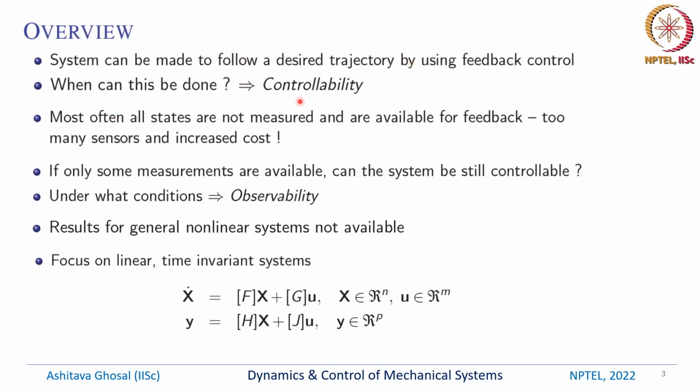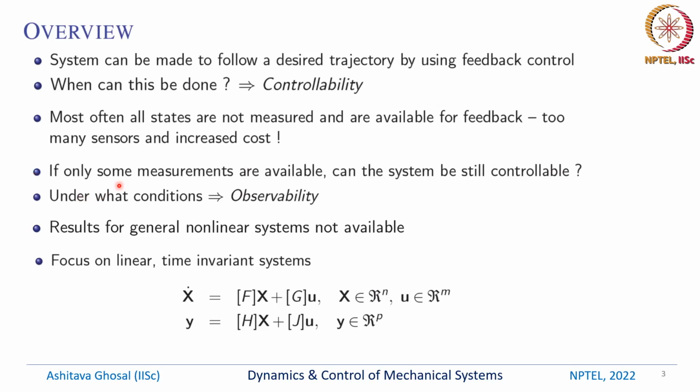And as we have seen in feedback control, we need to make measurements of the output using sensors. Most often, all states are not measured and are not available for feedback. It requires too many sensors, and it also increases the cost of the system. So hence, if only some measurements are available, can the system still be controllable?